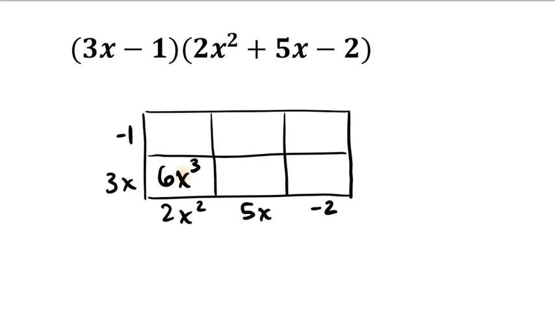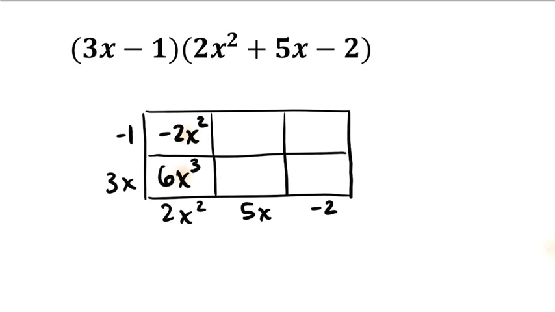Right above that, we're going to multiply -1 times 2x squared, and -1 times 2x squared is just going to be -2x squared. I think I got that.